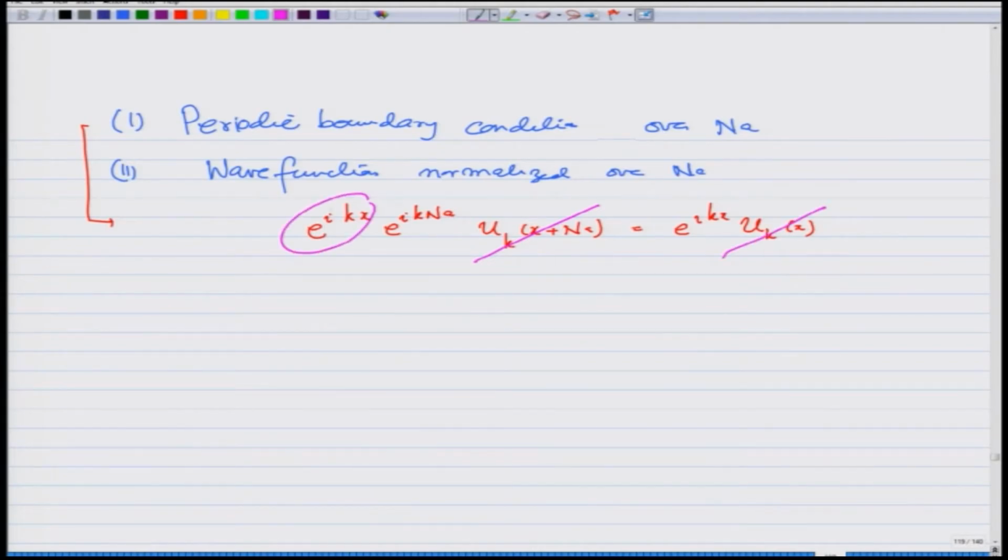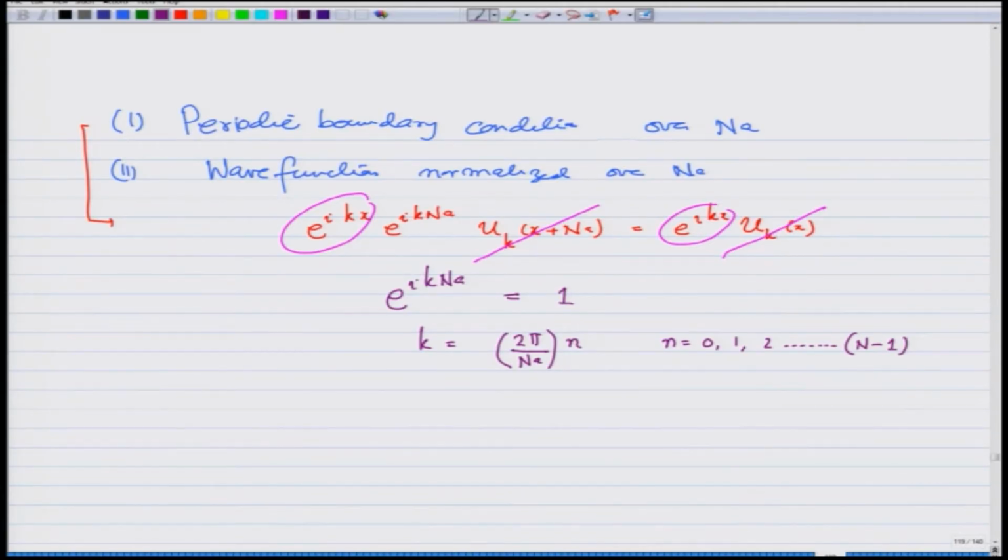I can cancel the e raised to i k x part, and what I get from the periodic boundary condition is that e raised to i k N a equals 1, and therefore, k equals 2 pi over N a times any number n, where n varies from 0, 1, 2 up to N minus 1.